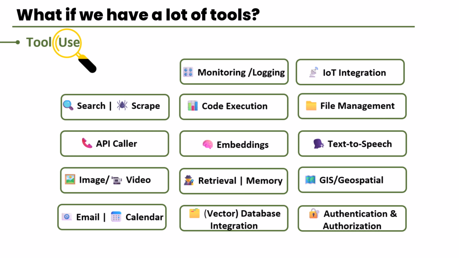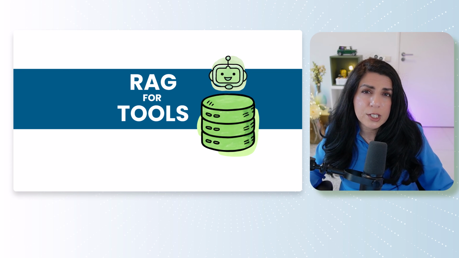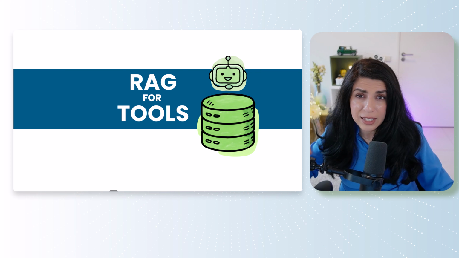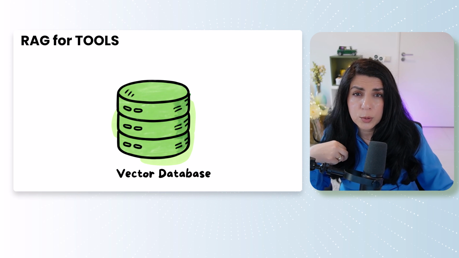What if we have a lot of tools? In production, agents most of the time get confused choosing the right tools. Let me give you a golden tip that saves you weeks when developing production AI agents. One of the completely pro tricks using context engineering is that we build a RAG, a retrieval augmented generation, for our tools.